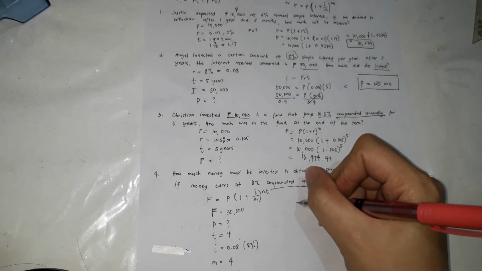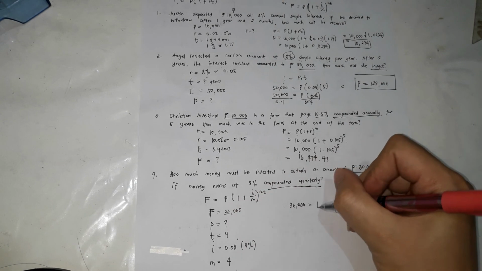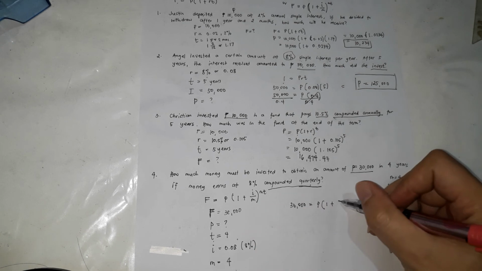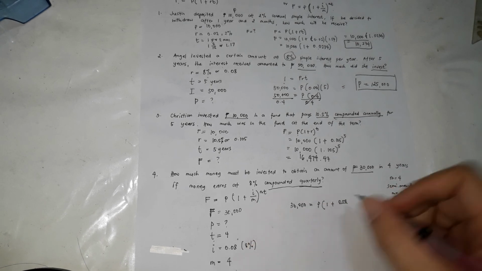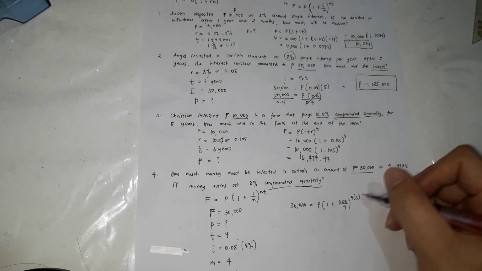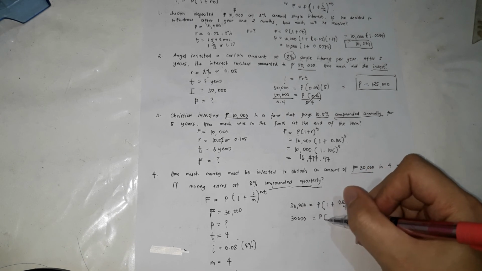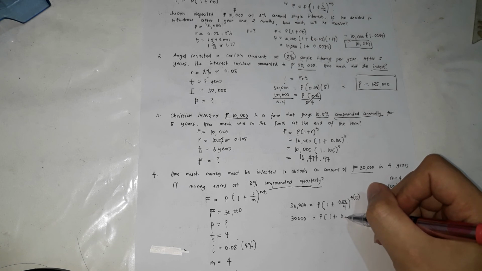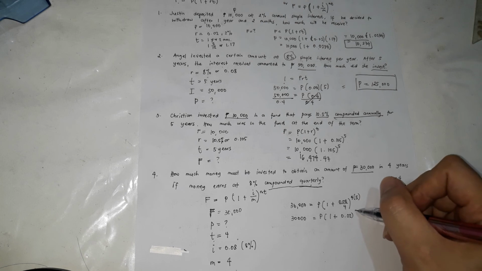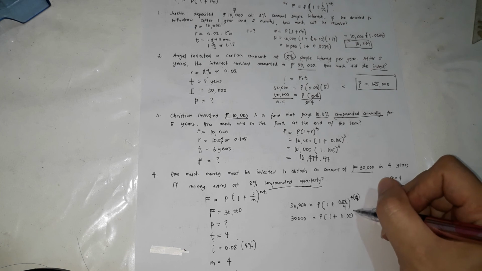So in this formula, F is 30,000. P is unknown. 1 plus I, 0.08 over M, which is 4, raised to the power of 4 times T, which is 4. 30,000 is equal to P times (1 plus 0.02). 0.08 divided by 4 is 0.02, raised to the power of 4 times 4, sorry, 16.